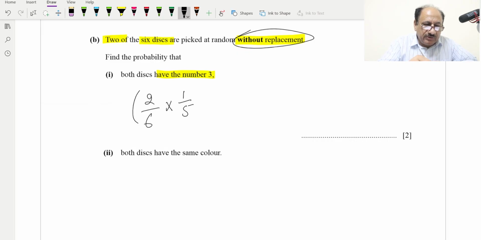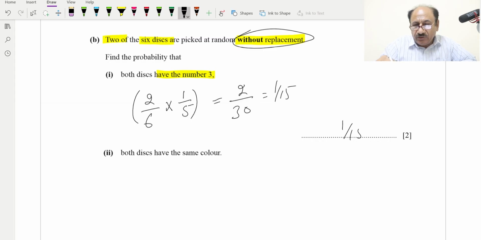This will be equal to 2 over 30, or we can simplify it to 1 over 15. So 1 over 15 will be the answer for this one.